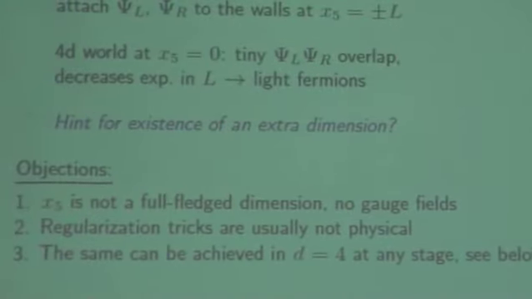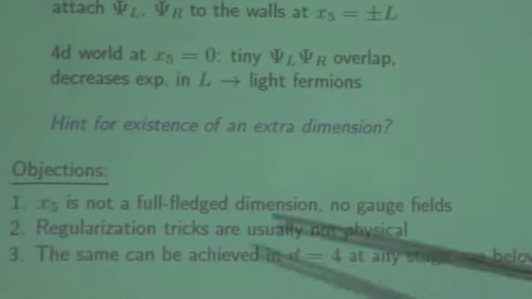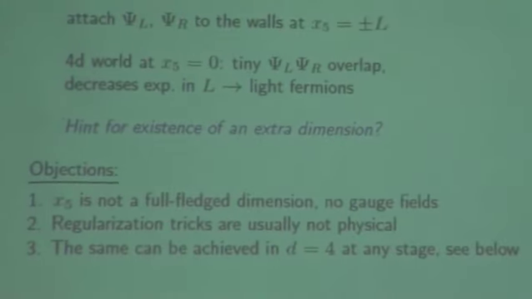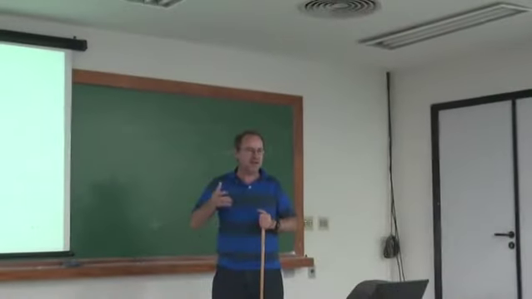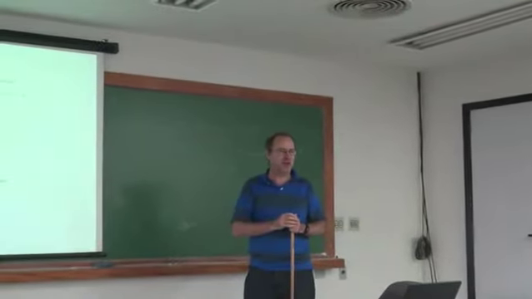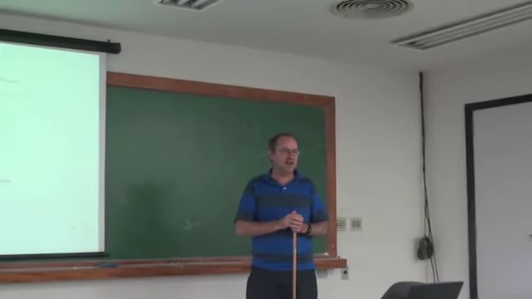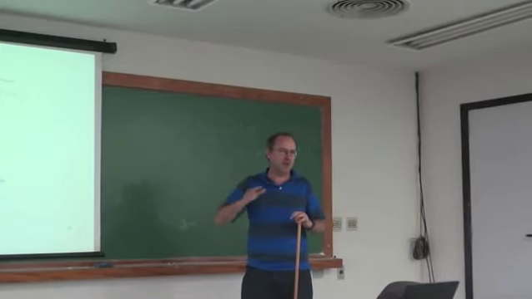Second, we have learned from the history of physics that regularization grids are usually not physical. Again, for instance, there's this Pauli-Villars mass which was introduced, and also in the 50s some people thought, well, this is maybe something real, maybe these particles exist. They are very heavy, so we cannot observe them.